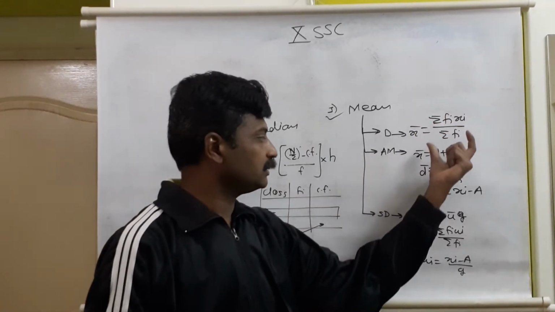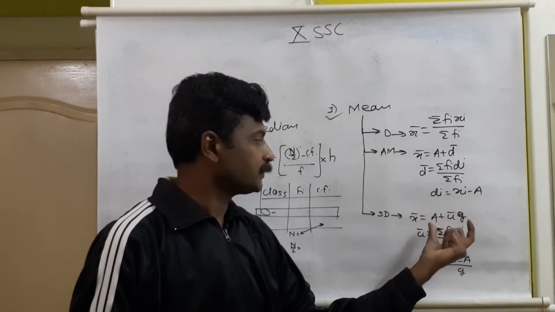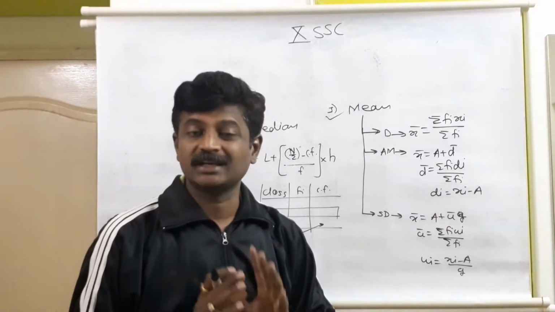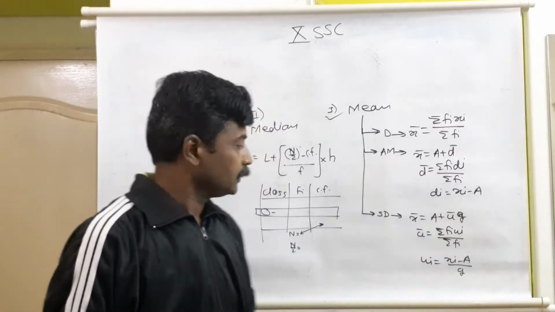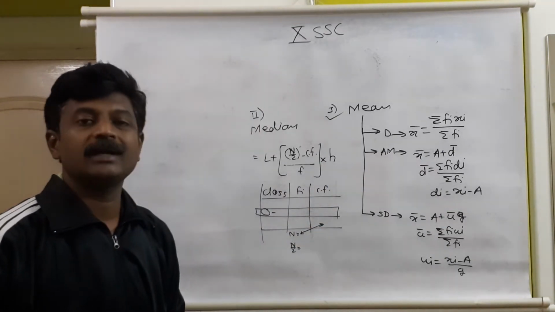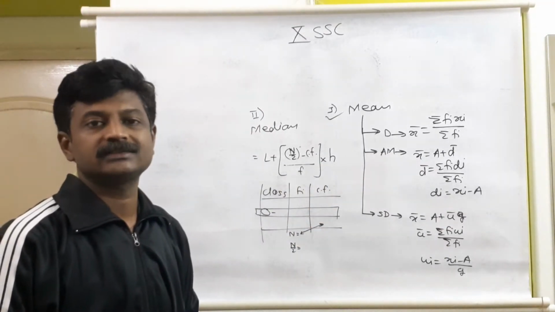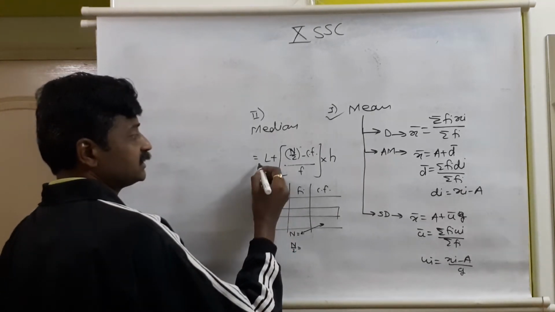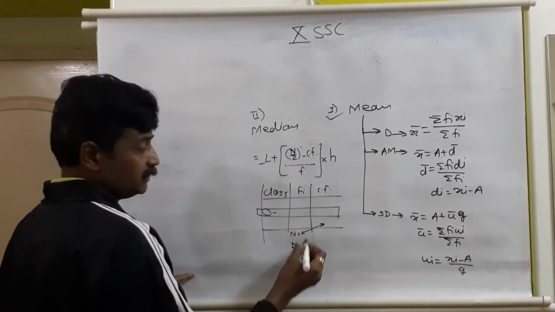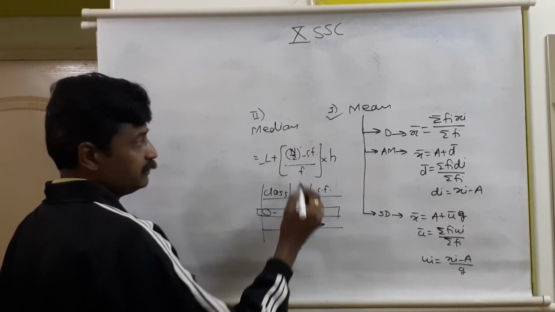Here, for all the three methods, direct, assumed mean and step deviation, no class width H was required, so if the classes are discontinuous, it does not matter. But here, as H is part of the formula, classes should be continuous, then only can the answer be correct. So the lower limit of the median class is the value of L. N by 2 is the sum of total frequency divided by 2.